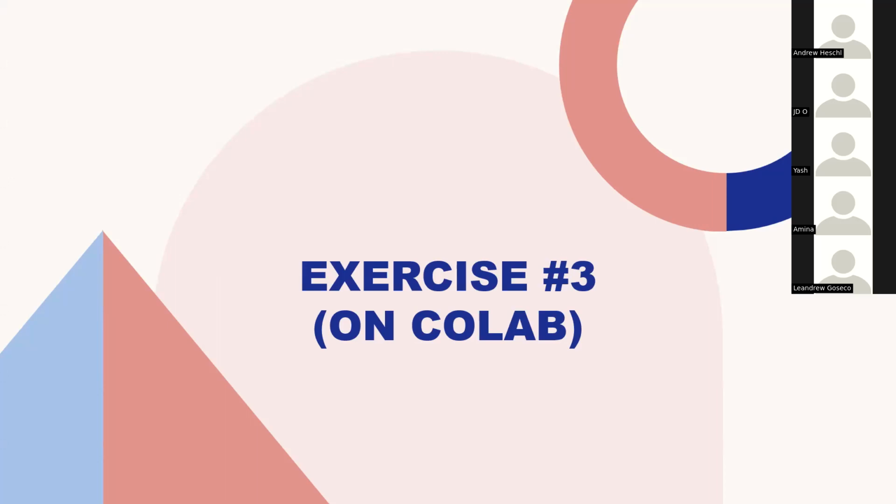So I'll give you 4 minutes just to do the first question in exercise number 3 in the Colab notebook. I'll be back in 4 minutes. And if you have any questions during the break, feel free to post them to the chat, and I'll do my best to answer them. All right, good luck.